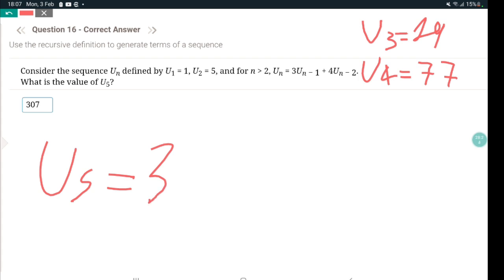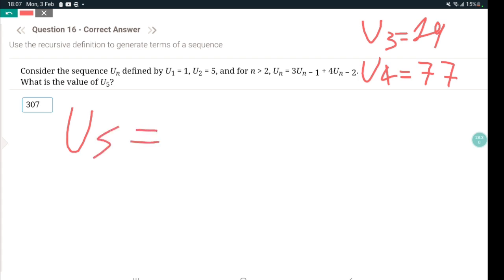Now this is the value that we're looking for, u5. First I'll write the rule to remind you.